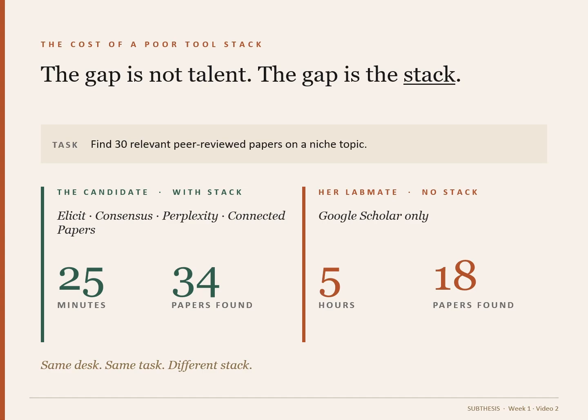Less than half an hour later, she has a clean list, each paper tagged with its design, its sample size, and its key finding. The labmate opens Google Scholar and starts scrolling. Hours later, they have a partial list, several papers off topic, and they are tired.